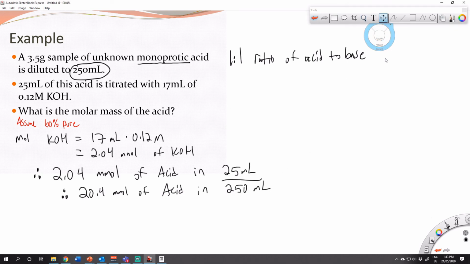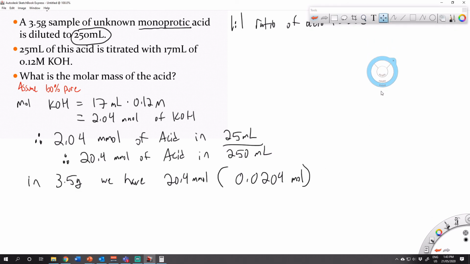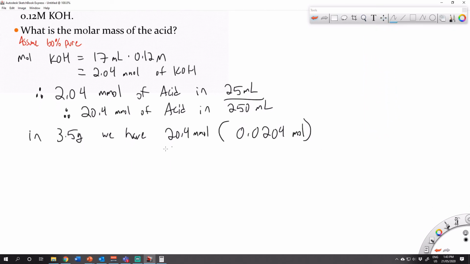Now from that, we can take our sample in 3.5 grams. We have 20.4 millimoles, or in moles, this would be 0.0204 moles. Then we can calculate the molar mass.